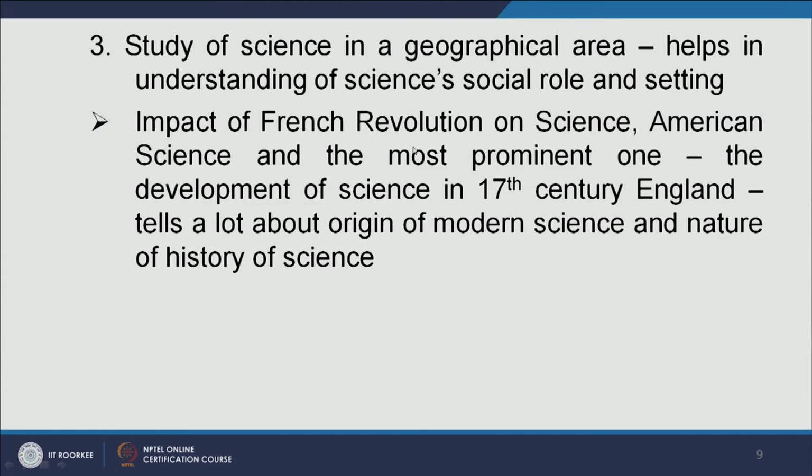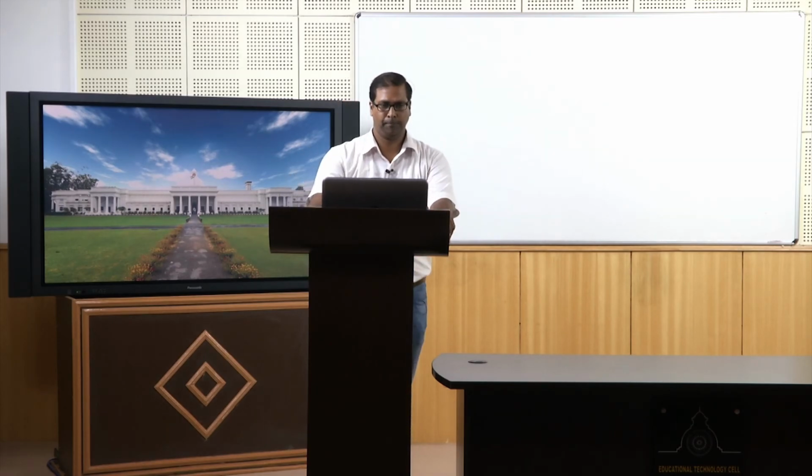For instance, you can talk about the impact of the French Revolution on science, American science, and the most prominent one, the development of science in 17th century England, an original thesis by Robert Merton, which tells a lot about the origin of modern science as well as the nature of history of science.